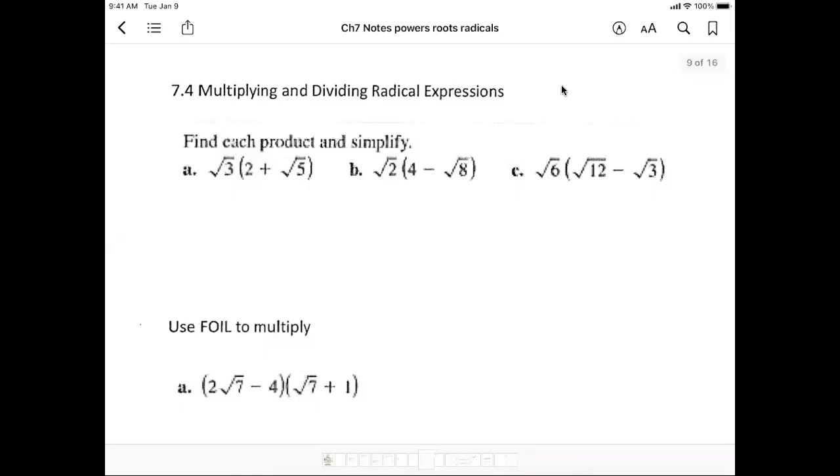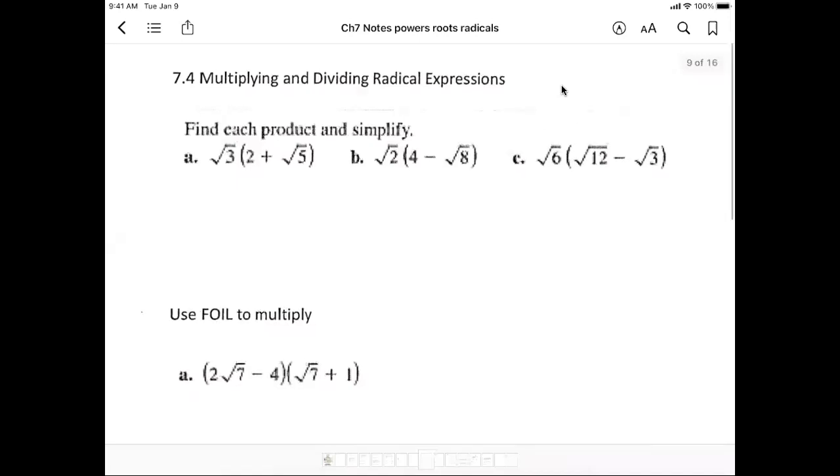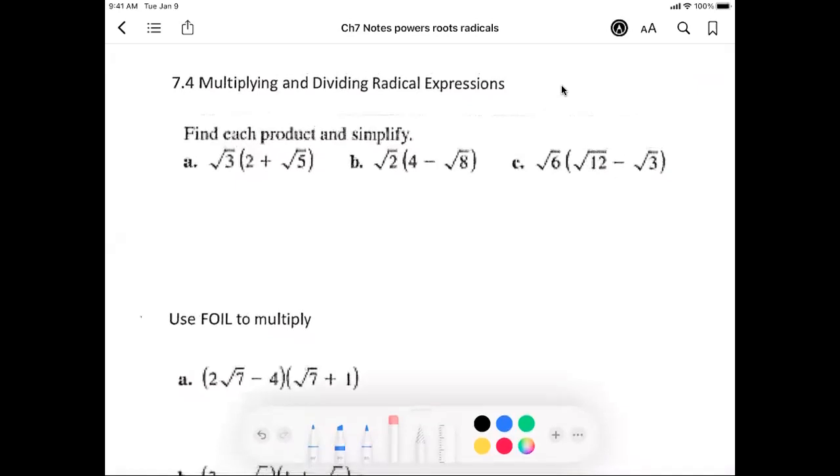And the first thing we should talk about in this section is what it means to multiply these radicals. So sometimes you might have a radical, let's say like the square root of 5. And you might be multiplying the square root of 5 times any number, let's say 4. When you're multiplying these radicals by numbers, you basically can't do anything with this.